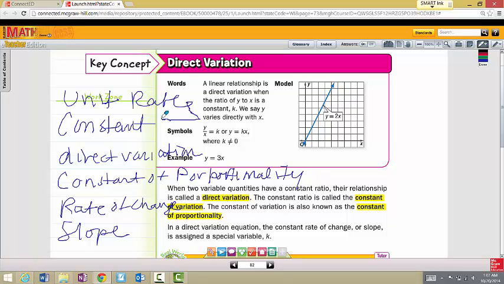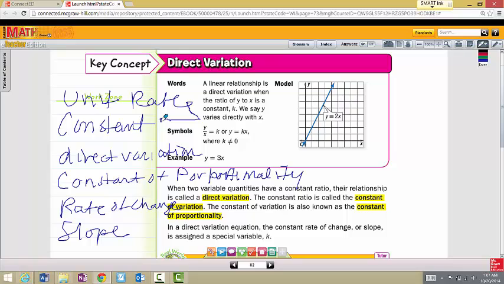So you do have to understand that there is a difference.